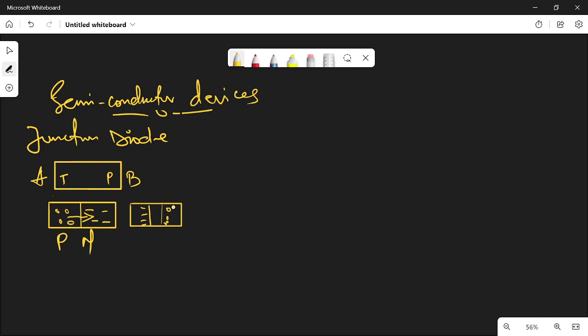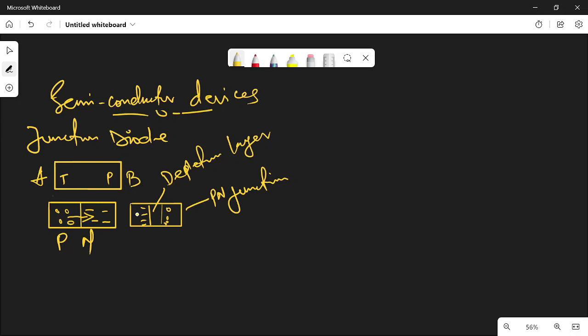Now the transition region between P and N is what we call the PN junction. So when you see the transition between this, this is called the PN junction. Are we together now? So this center is called the depletion layer.